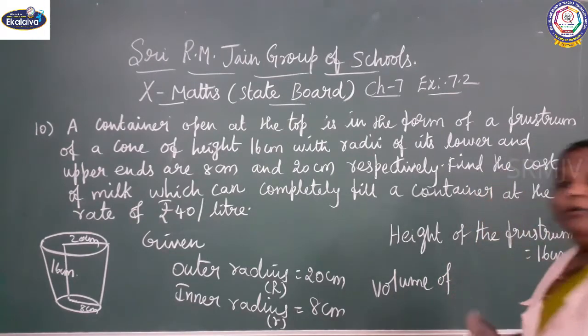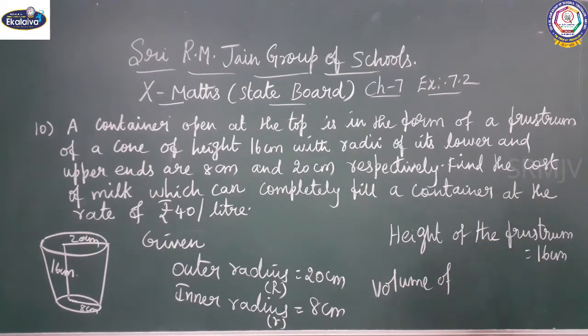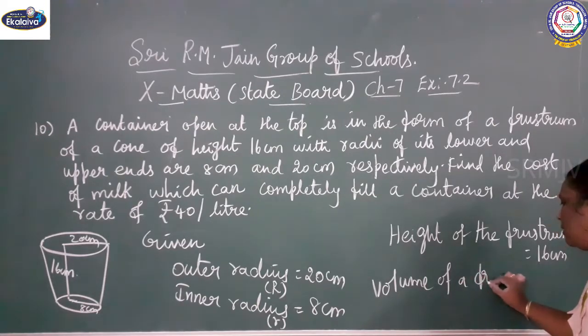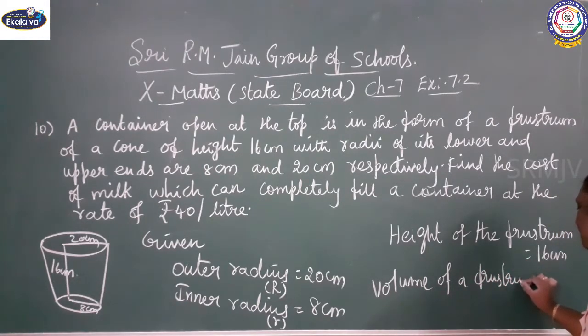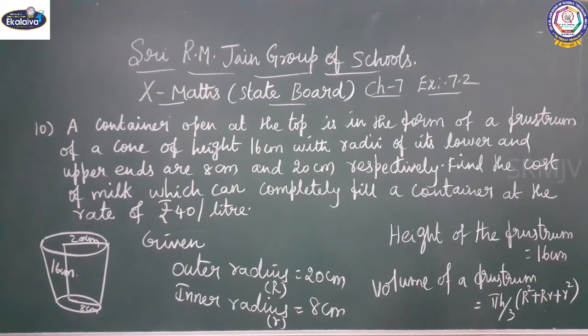Volume of a frustum. What is the formula for volume of a frustum? Volume of a frustum equal to 1 by 3 pi h, that is pi h by 3 into capital R square plus capital R small r plus small r square, cubic units.